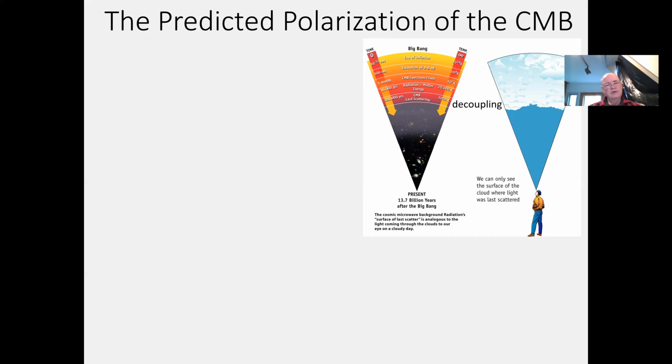Why? Because if you remember, when the CMB is finally released at decoupling, it is released from those electrons, which have been preventing it from being released all that time. There's one final bounce, one final reflection of the CMB before it's released off of that surface, what they call the surface of last scattering.